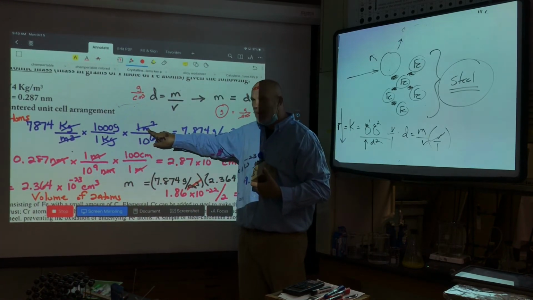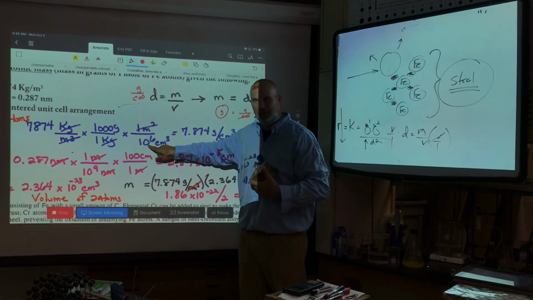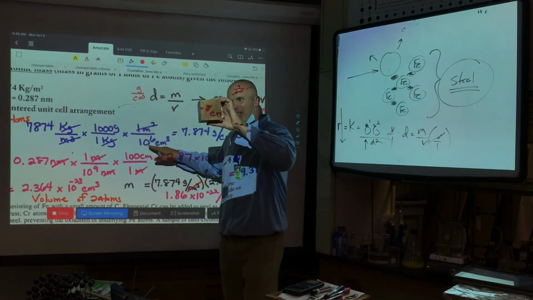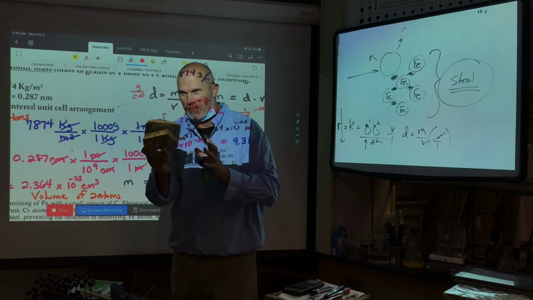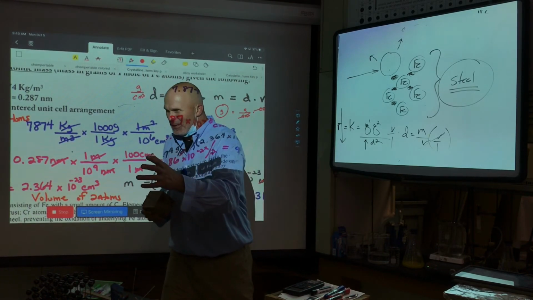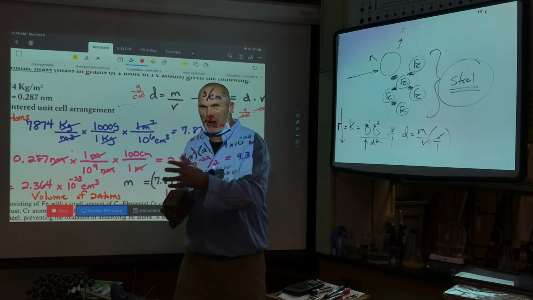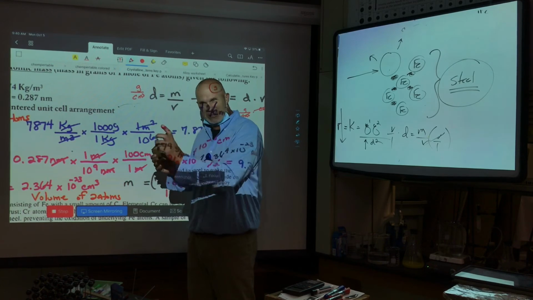In 1 meter cubed, there is 1,000,000 centimeters cubed. That makes sense? Hard to understand that without understanding the volume relatives here.